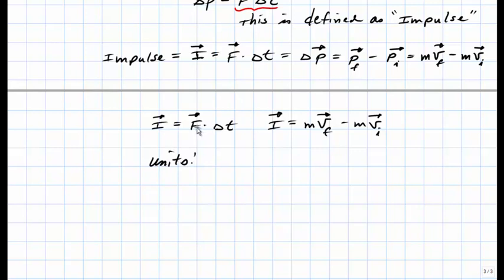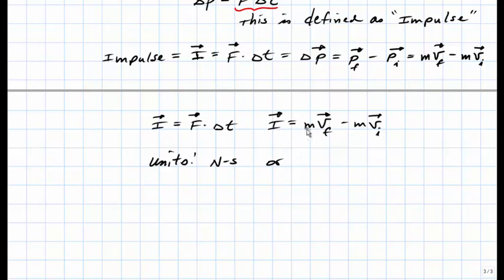As it turns out, there are two units that may be interchanged for impulse. The first units come from the first equation. In other words, impulse equals force times time. The units for force are newtons and the units for time are seconds. So the first unit is the newton times the second. We call it a newton second. Or the other unit that's available is provided by this side of the equation.